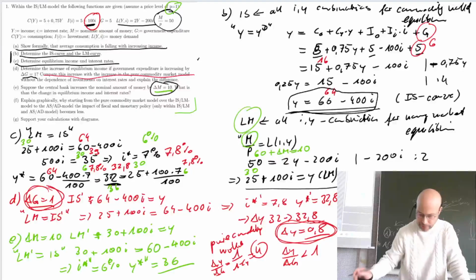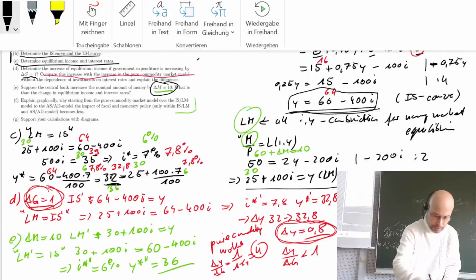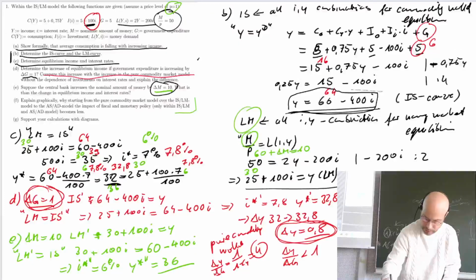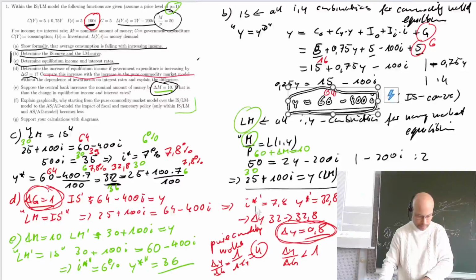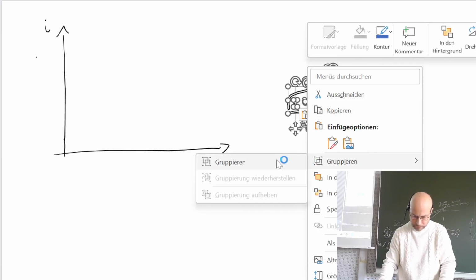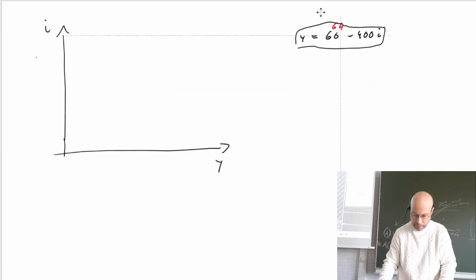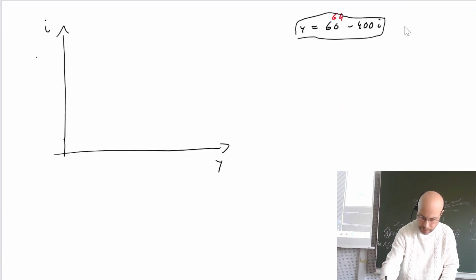I have here the dependence, or let's just take this one. So this is, oops, or let's take also the LM equation.